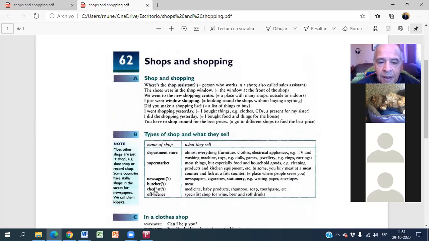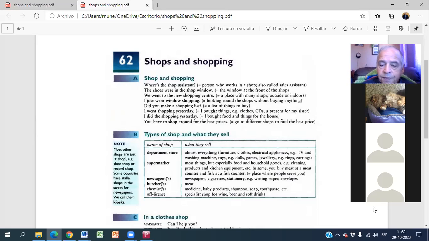Okay. A chemist is also called a drugstore in the United States, where you can buy medicines, baby products, shampoo, soap, toothpaste, etc. And off license, meaning special shop for wine, beer, and soft drinks. Okay. It's also called in the United States a liquor store.